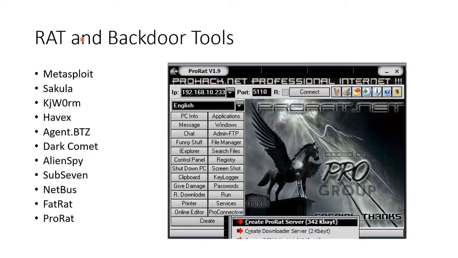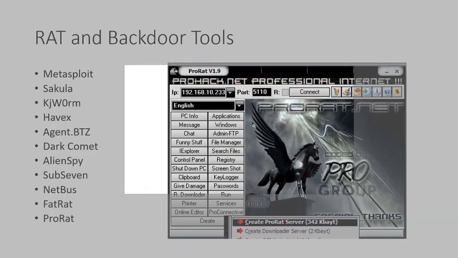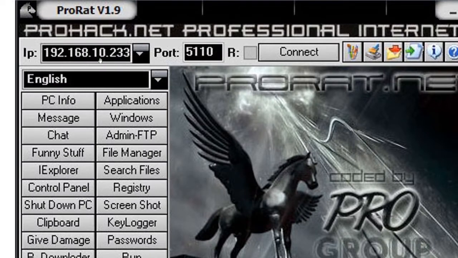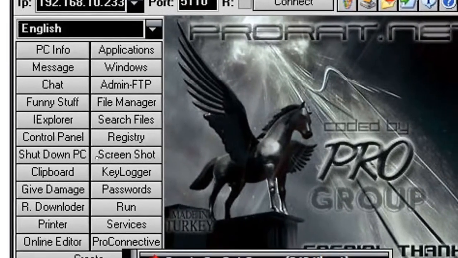There are a ton of RAT and backdoor tools. Metasploit, Sacula, KJ Worm, Havix, Agent BTZ, or old ones like Sub7, NetBus. Here's a fun one, ProRat, right here. Now, these GUI-based tools, you can see that you have a port, you're connecting to a target, and then you can do stuff to them.